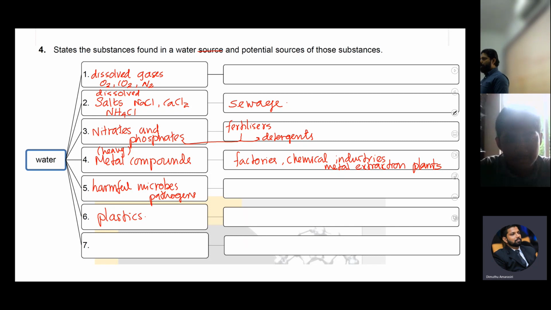What happens then? The salts in your body move there because of osmosis, mainly due to osmosis. Then you get issues in your cells.